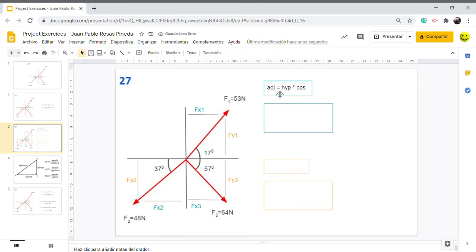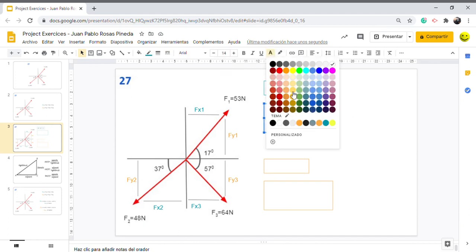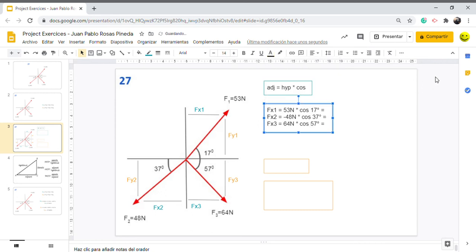Adjacent is equal to hypotenuse times cosine. Now, we're going to do this with every single one of them, right? So permit me just a second, I'll put a little bit of color. There it is. To save time, it's already done.